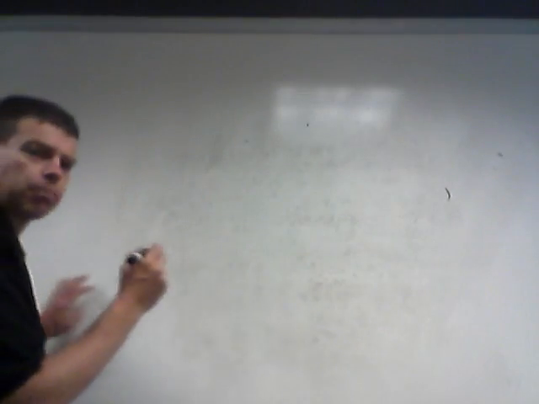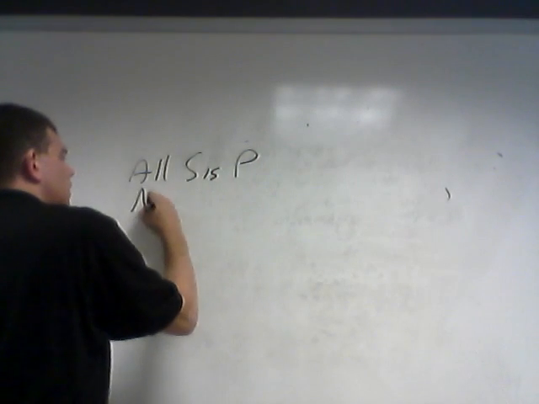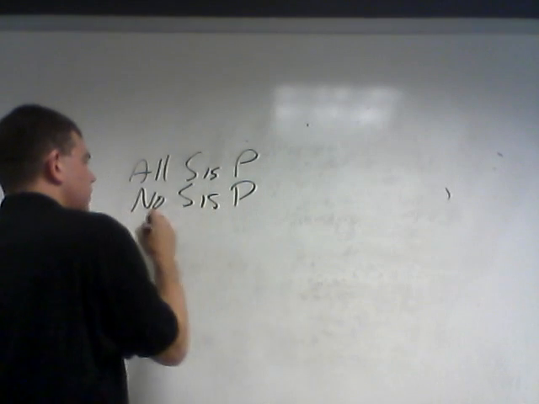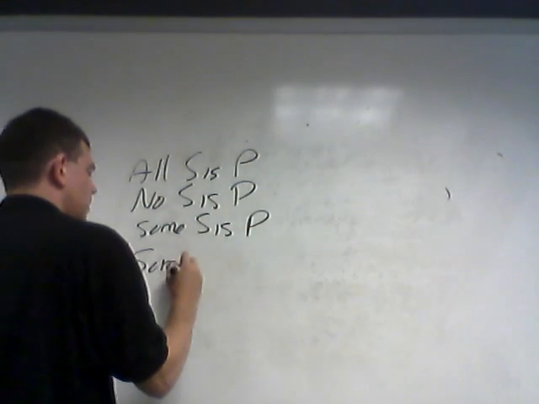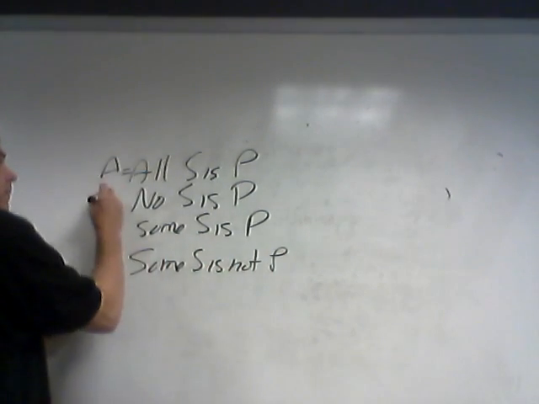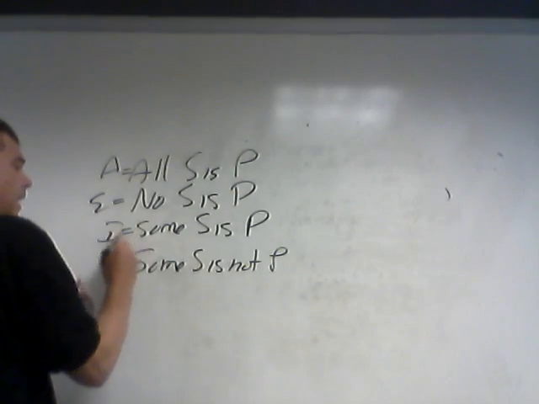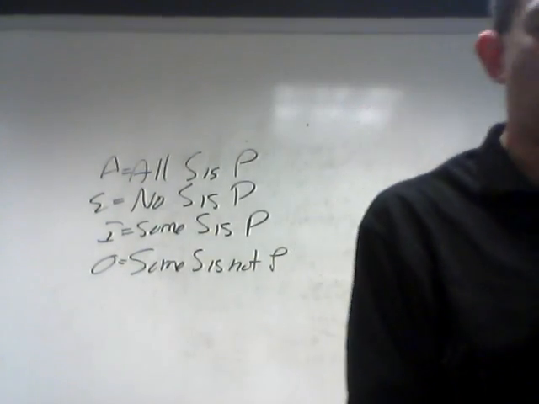If we have the 4 premises, okay, all S is P, no S is P, some S is P, some S is not P. And that's an A, an E, an I, and an O, right? So you got an A, an E, an I, and an O.